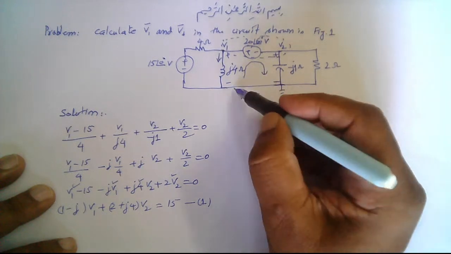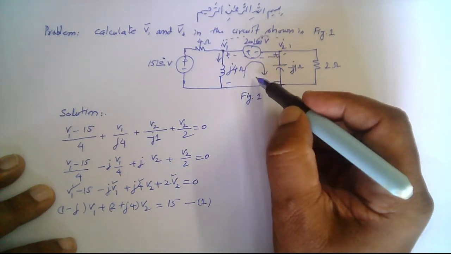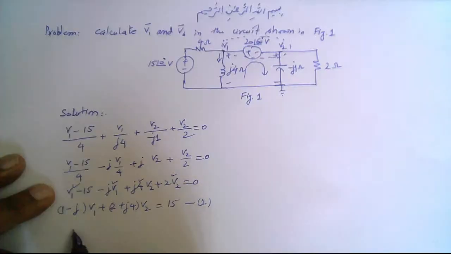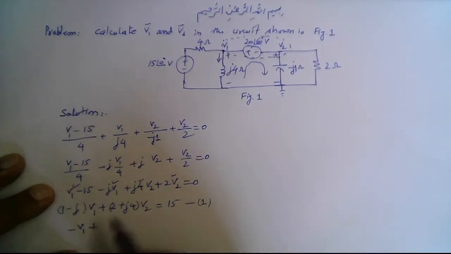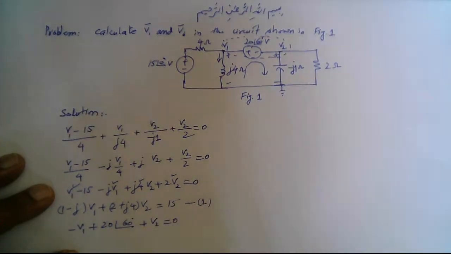So if we apply this loop here, that will be minus V1 plus 20 angle 60 degrees, and then plus V2 is equal to 0, right?